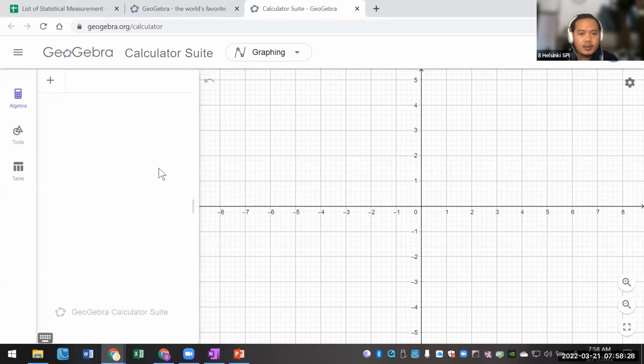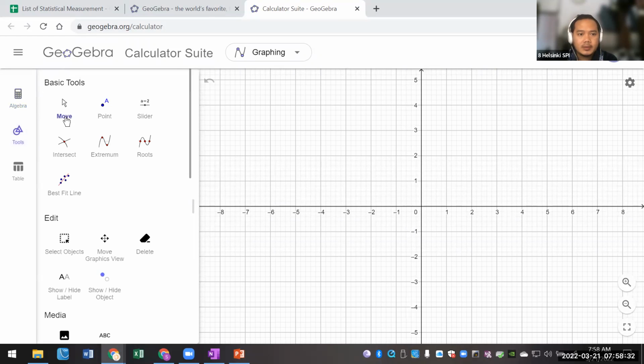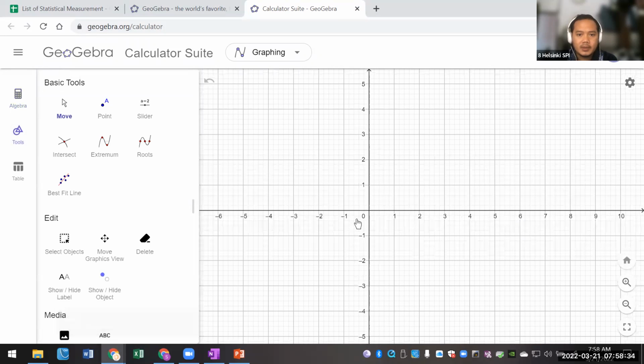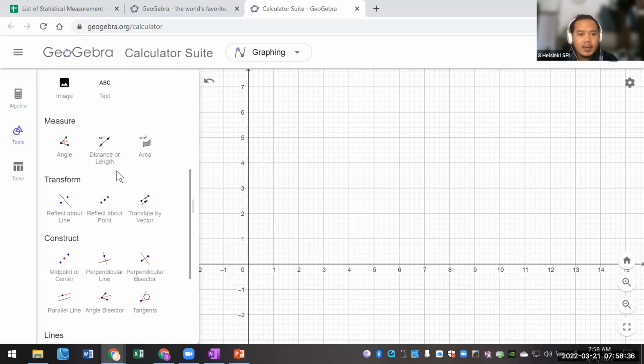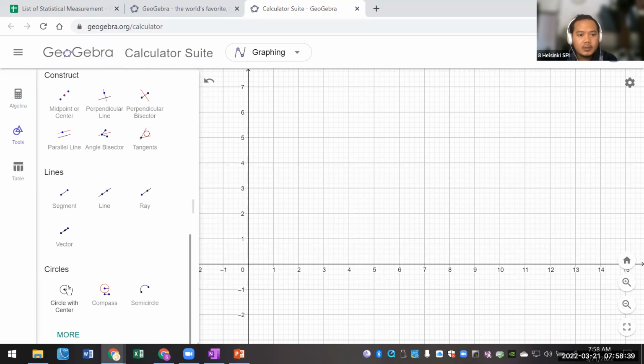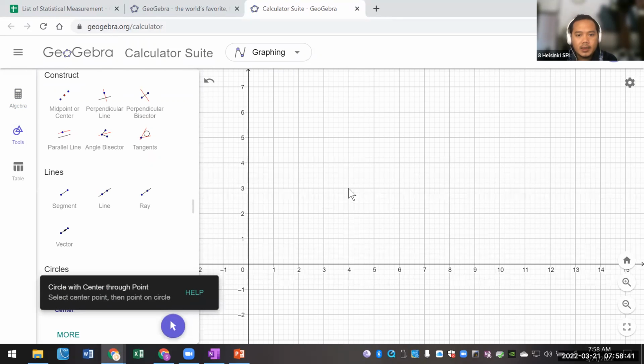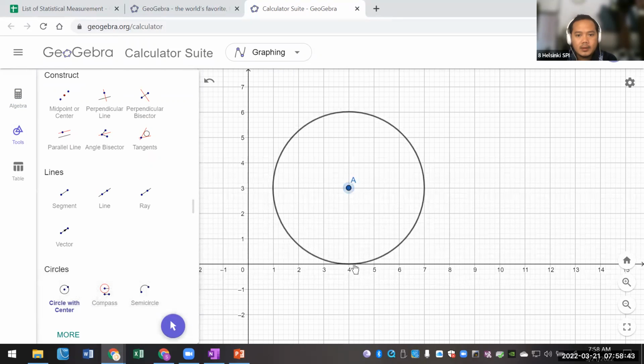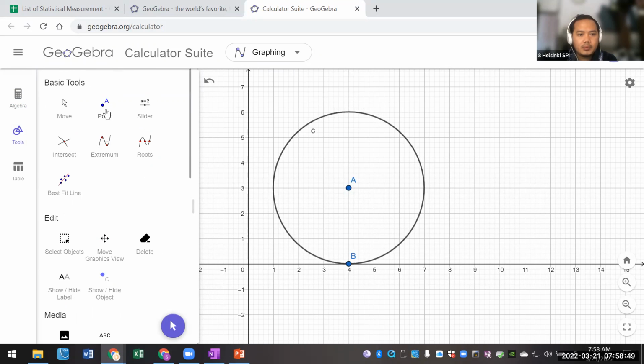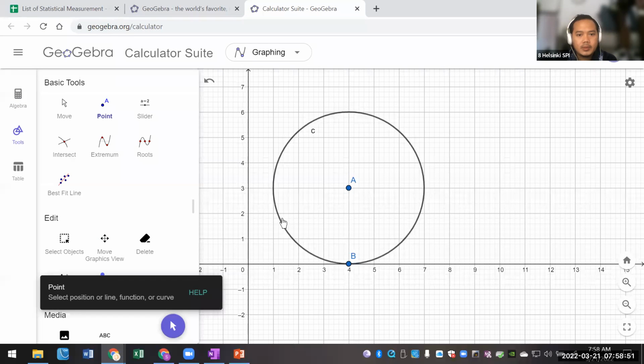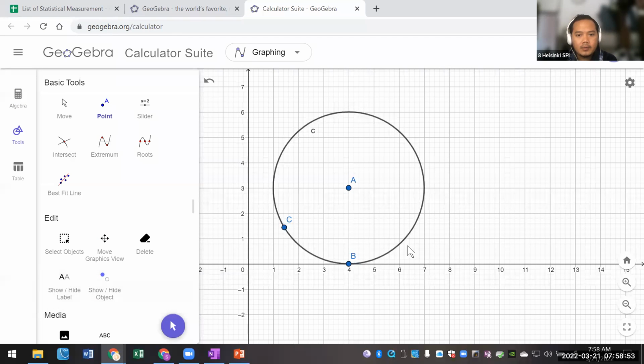So let's say we have a circle. I hope that you still remember, guys, but if you don't, ya udah kita bahas aja sini. Okay, so let's say I'm going to make a circle with a center. So this is a circle here, and then I will make two points, for here and for here, for example.